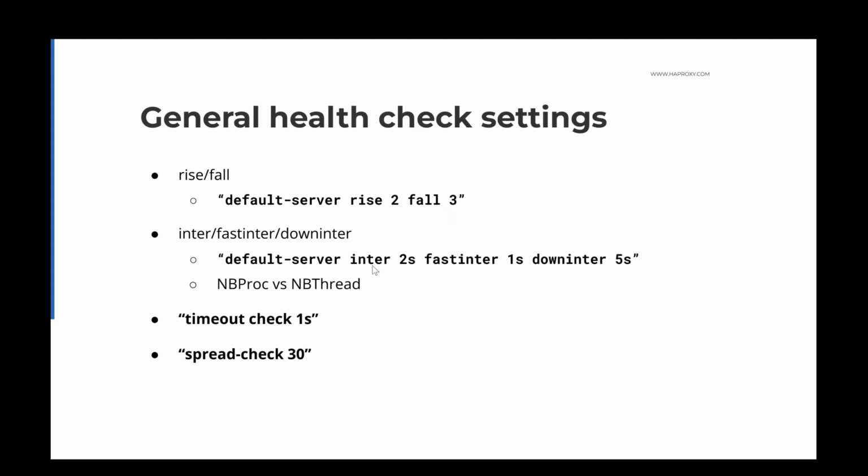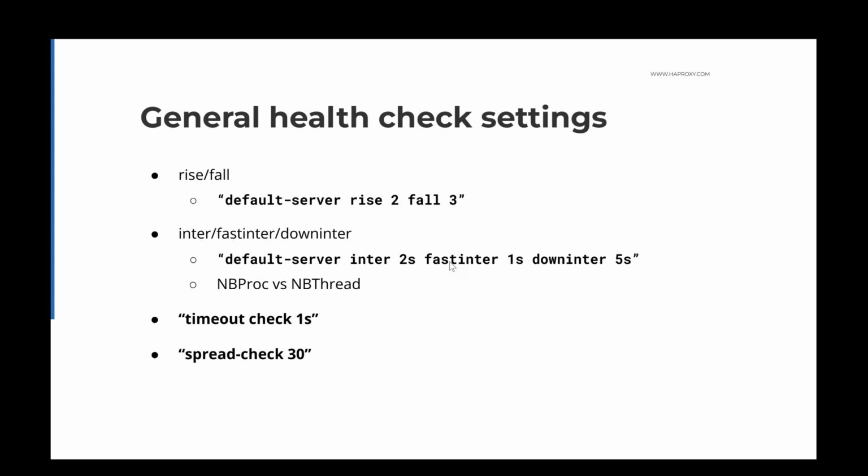As far as timing keywords, the only one that's set out of the box is inter, which defaults to 2 seconds. So that is how frequently HAProxy will do health checks. We also have settings that apply in particular states.